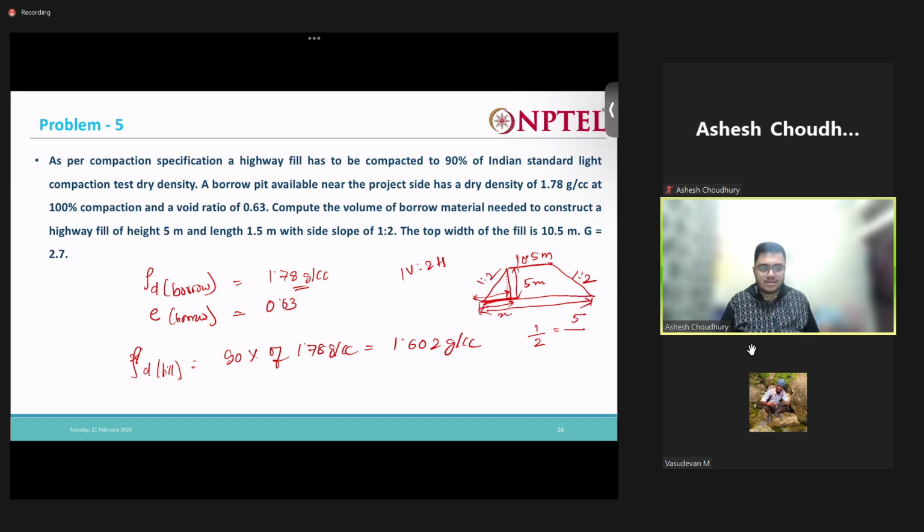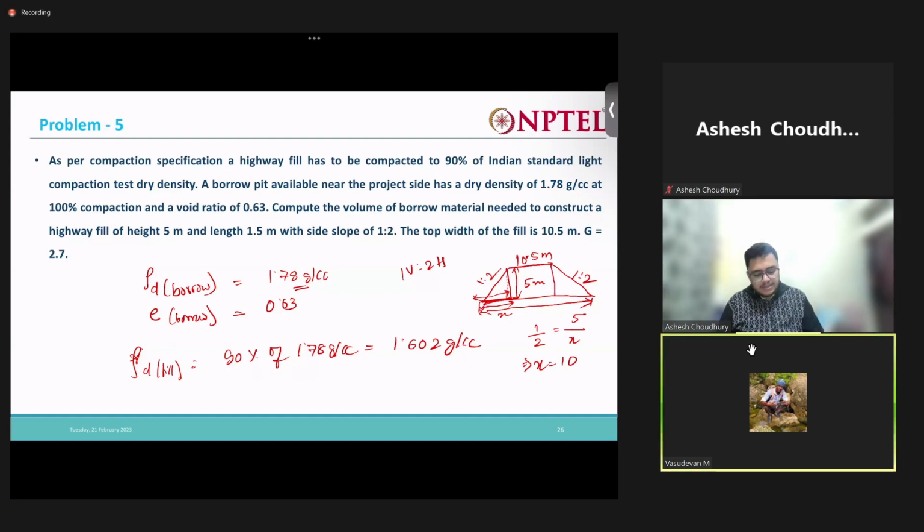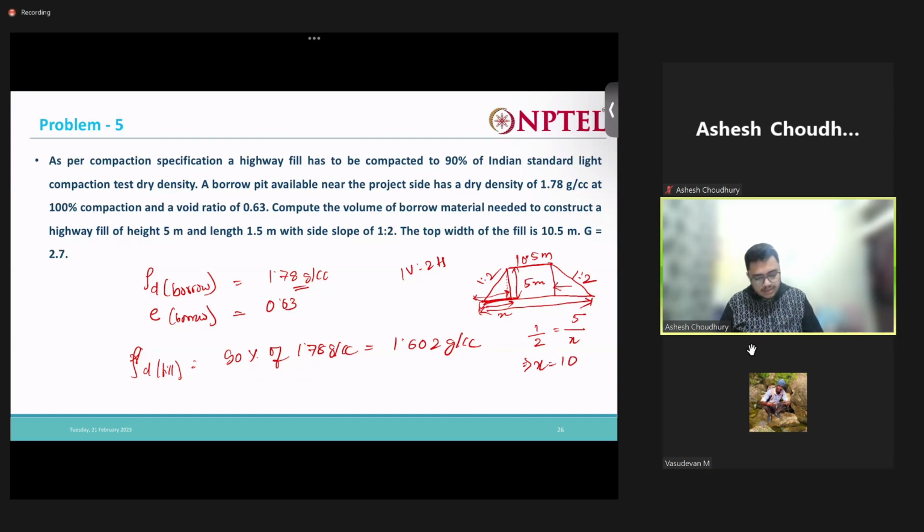So x will be equal to 10. Similarly, this is also x. So what is the base width? Base width is nothing but 10.5 plus 2 into 10, which is equal to 30.5 meter.